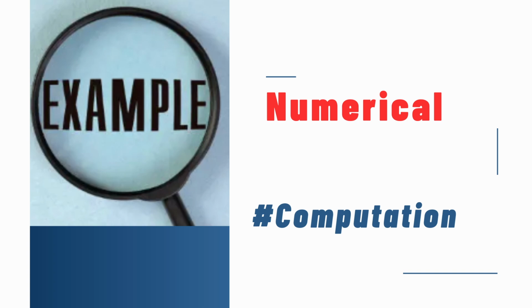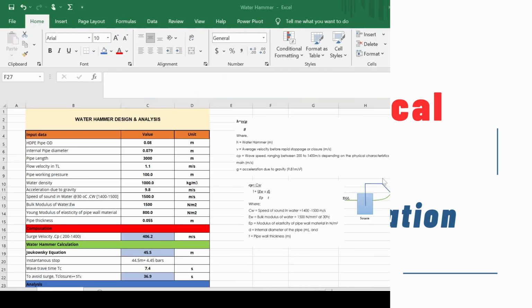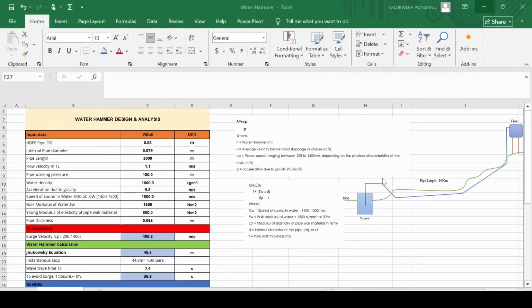Let's say you have a transmission line with an HDPE pipe, outside diameter of 0.08 meters, that is 80 millimeters ND, and an internal diameter of 0.079.